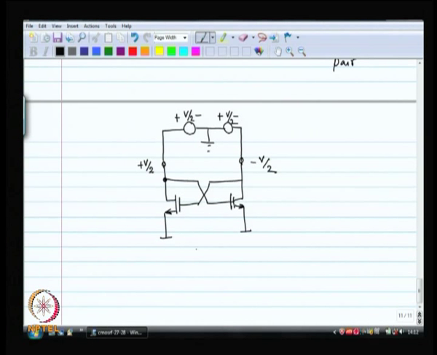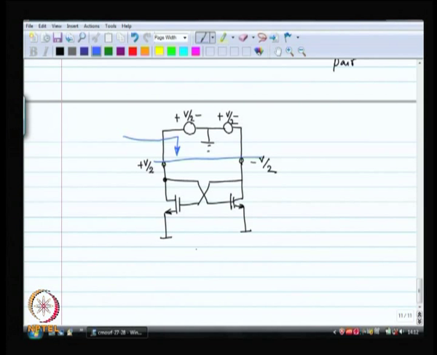And the question for you is, what is the impedance that I see looking into this circuit? So, from these two ports, what is the impedance that I see looking in?